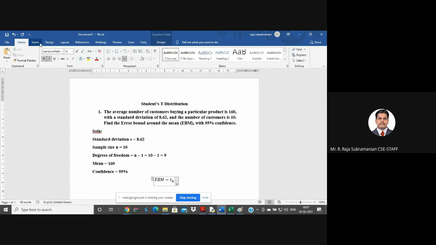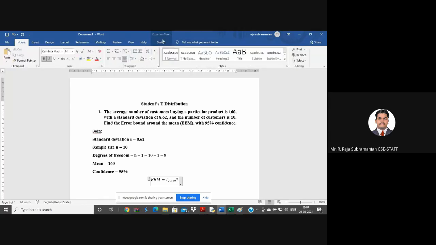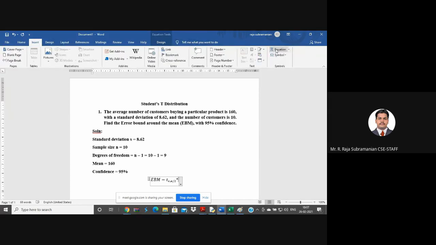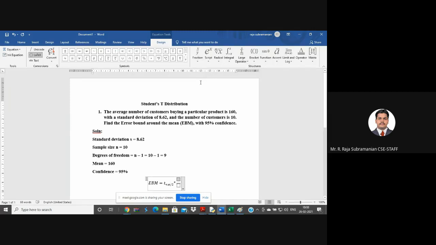This alpha is nothing but the confidence. This will be multiplied with a fraction, that is, standard deviation divided by the square root of n, the number of samples.